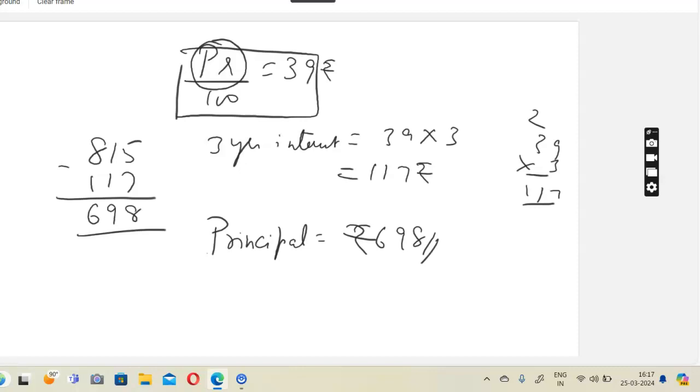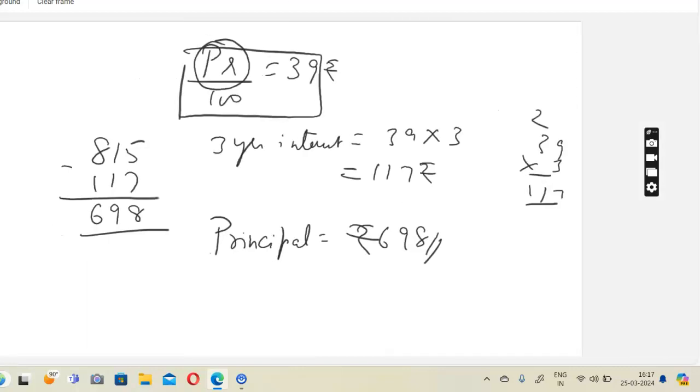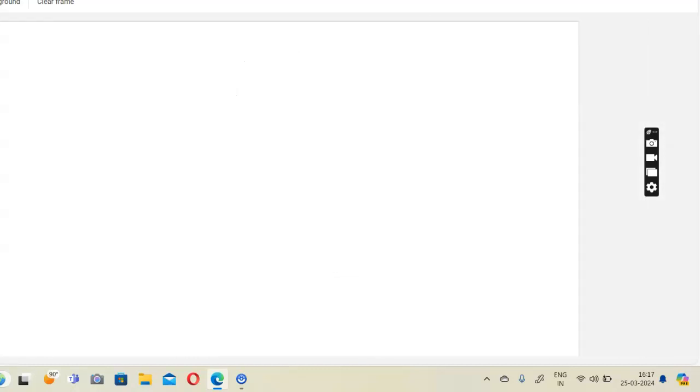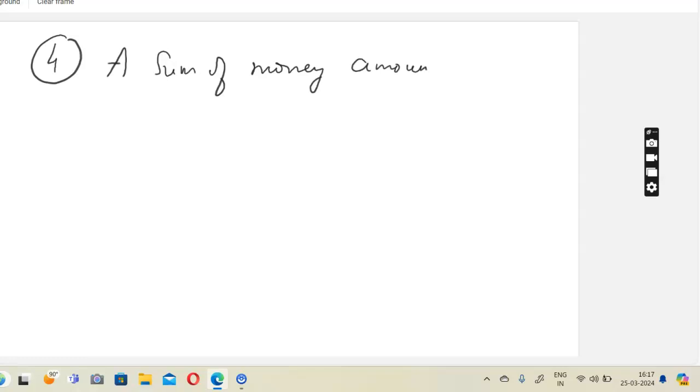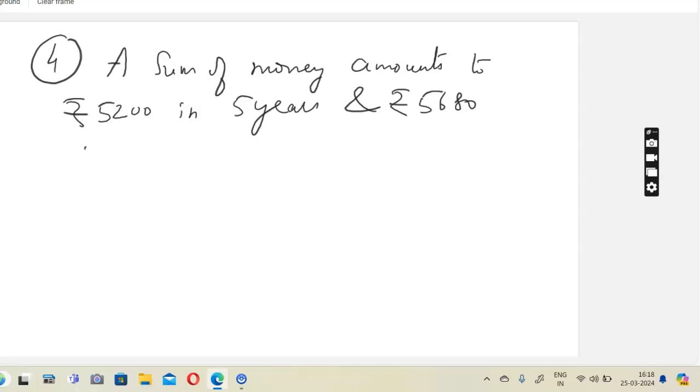Okay, so one more sum in this pattern. A sum of money amounts to rupees 5,200 in 5 years and rupees 5,680 in 7 years. Find R.